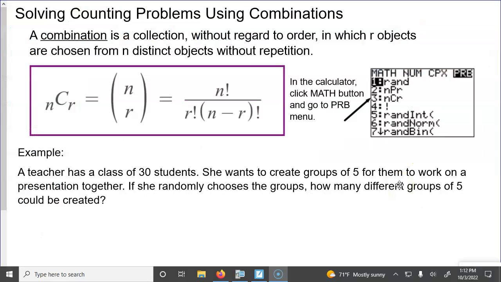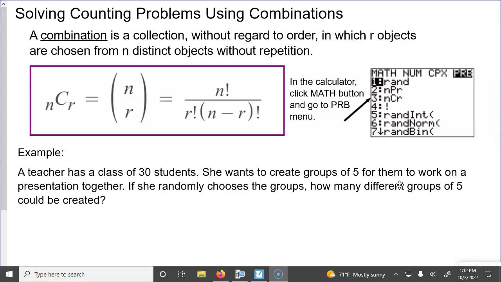A combination is a collection, without regard to order, of r objects chosen from n distinct objects without repetition. Mainly this is saying that we're looking at how many ways we can choose a certain number of items from a larger group. In combinations, the order doesn't matter.